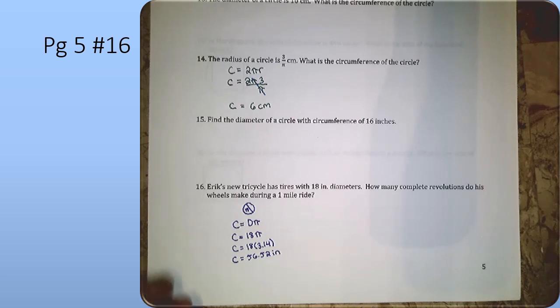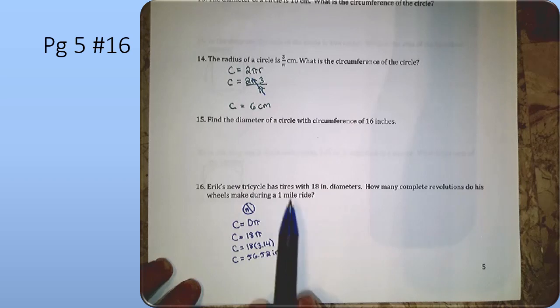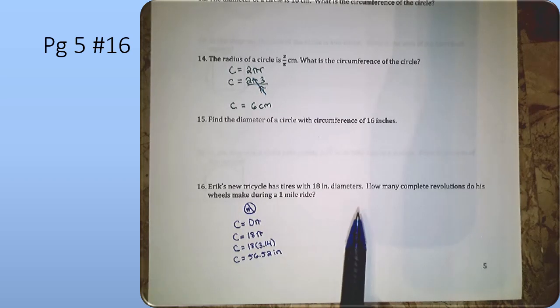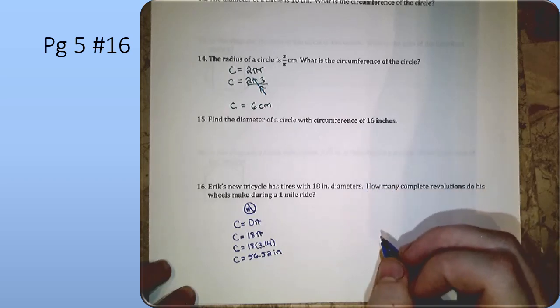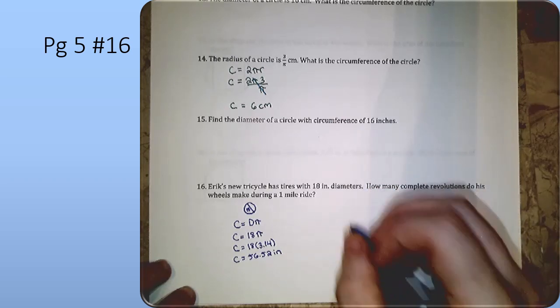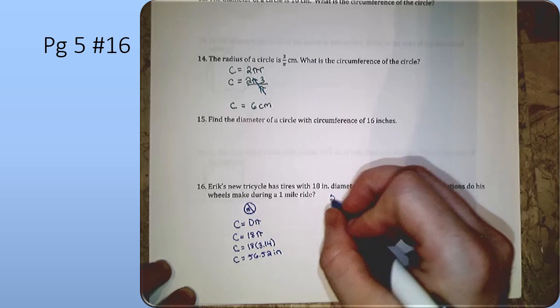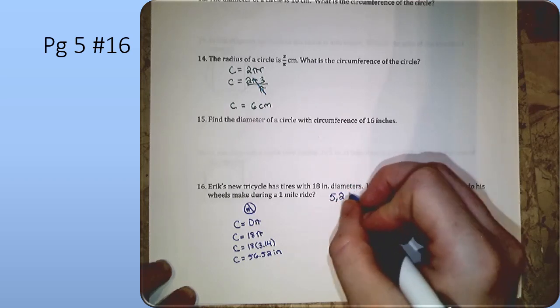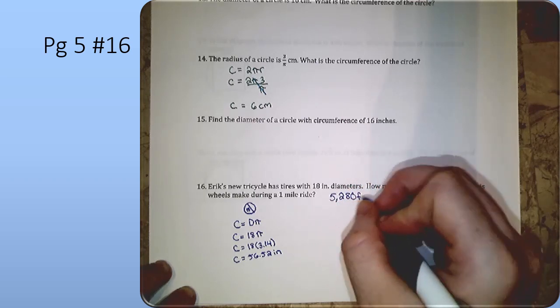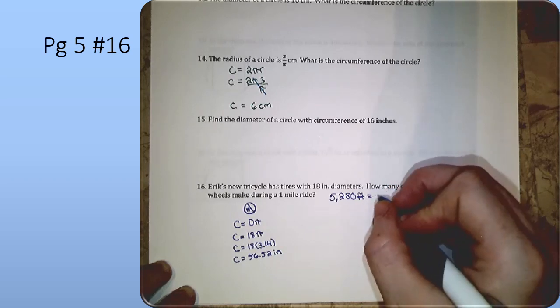So in order to figure out how many revolutions it needs to make in a 1 mile ride, we need to do some conversions. One of the conversions that's actually given to you on the EOC reference sheet is that there are 5,280 feet in 1 mile.